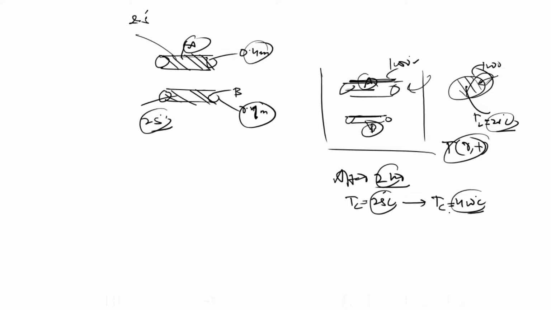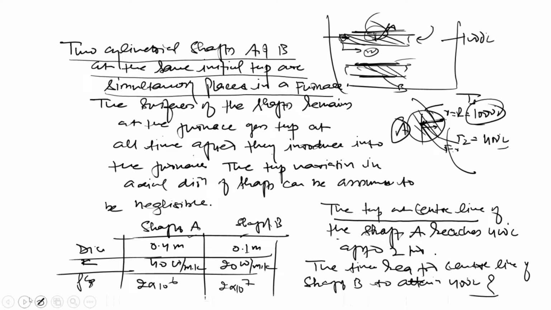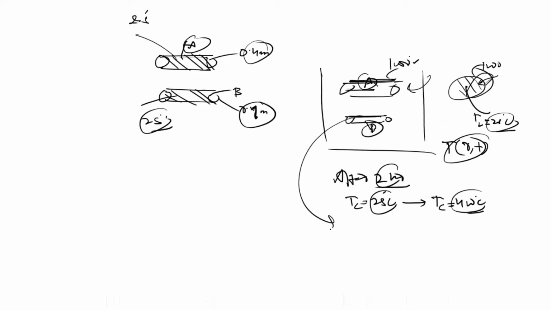In how much time? 2 hours. Now the question is, how much time is required for the center line of shaft B to reach the temperature of 400 degrees Celsius from 25 degrees Celsius? Is the question clear?